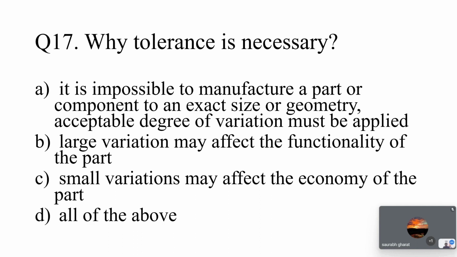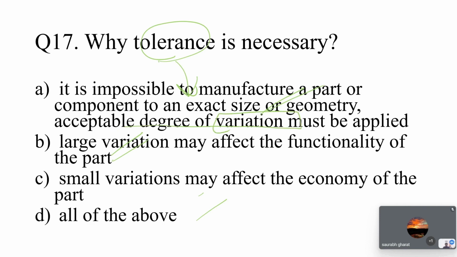So why is tolerance necessary? It is impossible to manufacture a part or component of exact size or geometry. An acceptable degree of variation must be applied. So this part is correct. A large variation may affect the functionality of the part. For tolerance, it is not easy to manufacture exactly, and some acceptable degree of variation must be given.